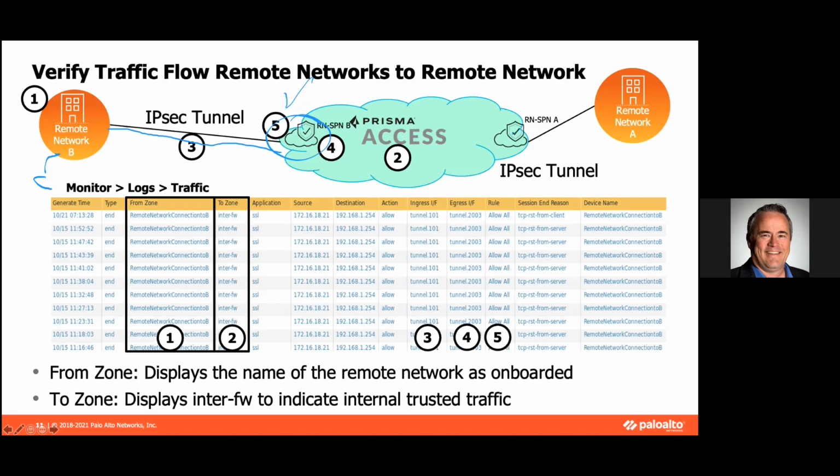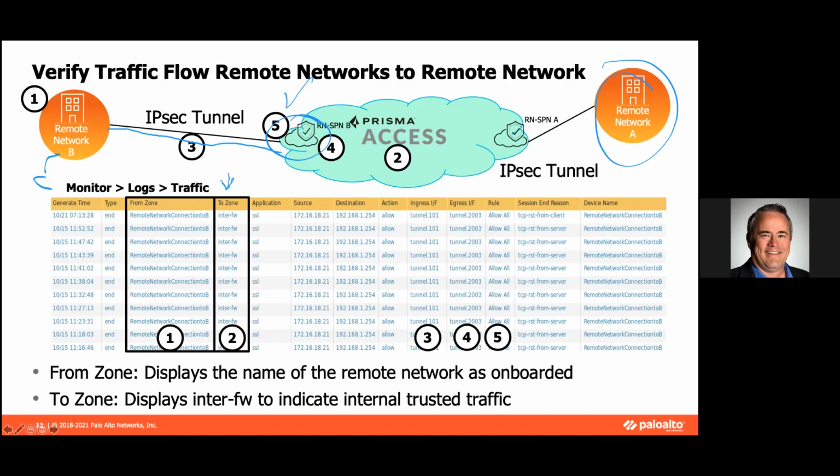And if it terminates to some other component within Prisma Access, so in this case, remote network A, something else, the to zone, the destination, is going to show enter FW. So internal forwarding.